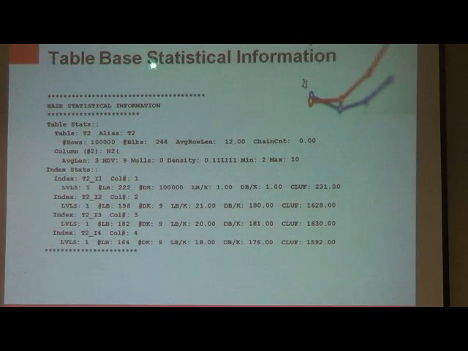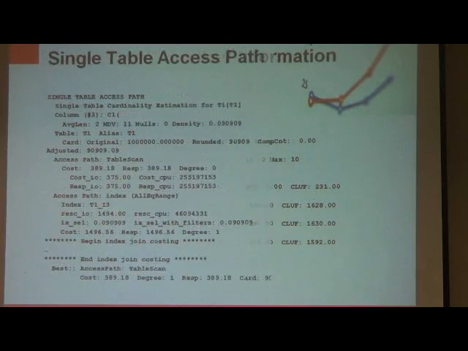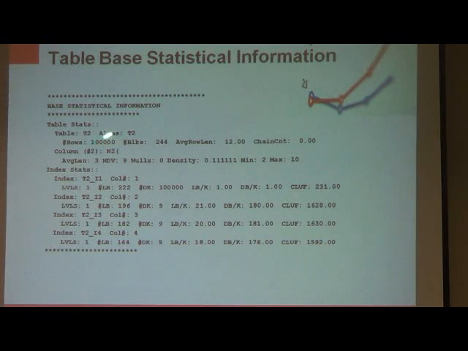Then I mentioned table-based statistics. What you see here are basically a subset of the CBO statistics related to one table. Let's read it. It says for table T2, the alias is the same, in other words I'm using no alias.